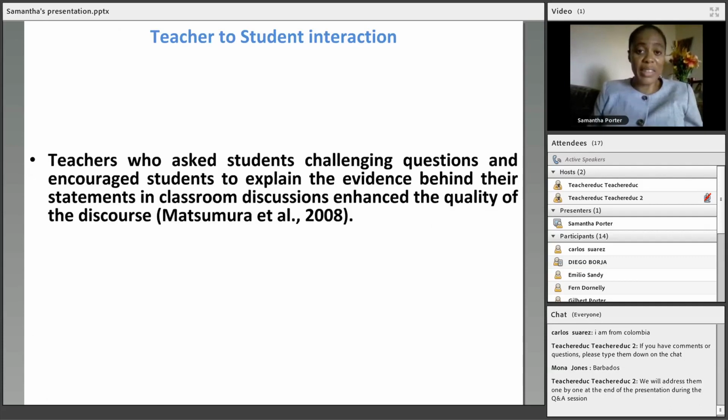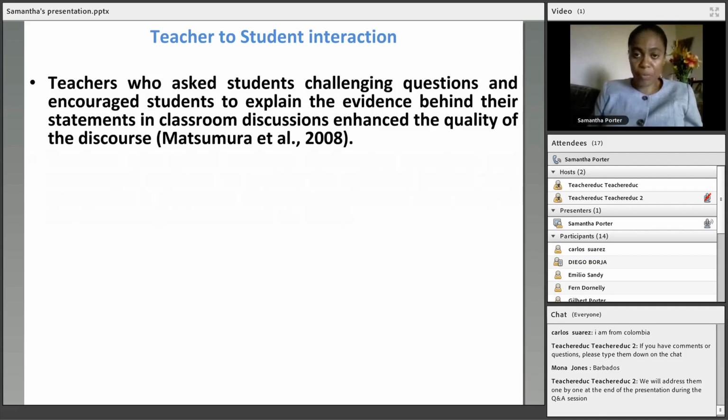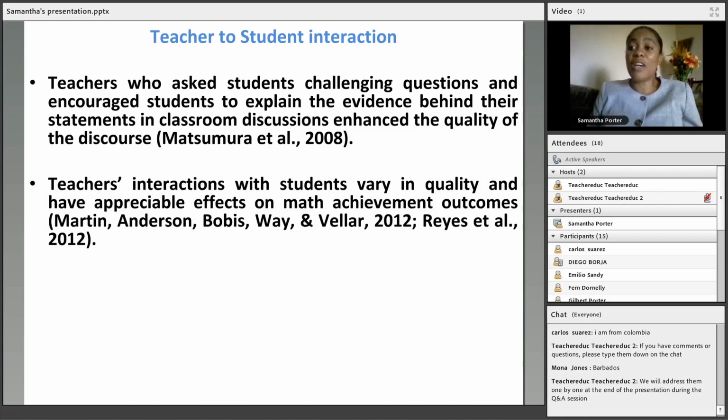Teacher-to-student interaction. Teachers who ask students challenging questions and encourage students to explain the evidence behind their statements in classroom discussions enhance the quality of discourse.